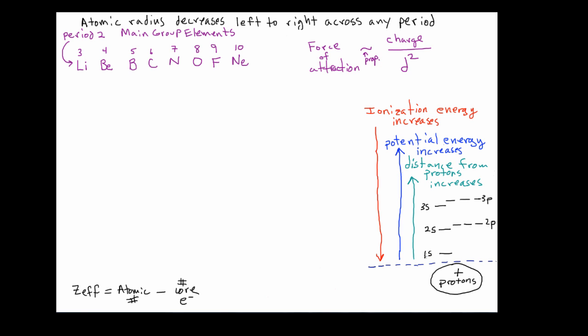Energy level 1 is the closest to the protons, and as we move to the next energy level up, which would be energy level 2, the distance of energy level 2 from the protons is significantly greater than it is for energy level 1 electrons, and the distance away from the protons where we find the electrons in energy level 3 is substantially greater than what the distance is for energy level 2 or for the electrons that are in energy level 1.